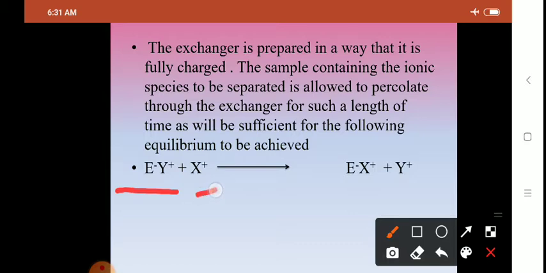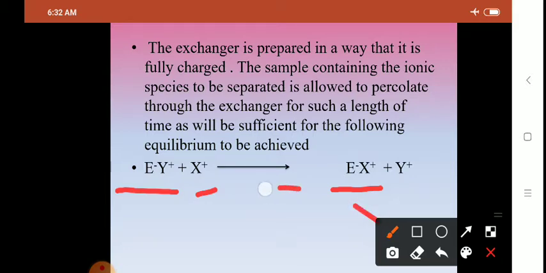If you add a sample which contains the ionic species X plus, then what will happen? When you pass the sample containing ionic species X plus, it will be exchanged. The Y plus counter ions are exchanged by the X plus ions present in the sample.